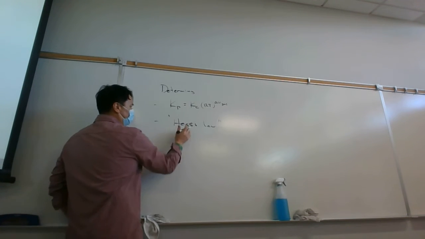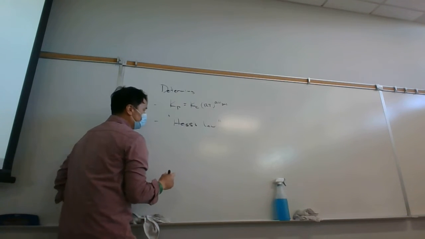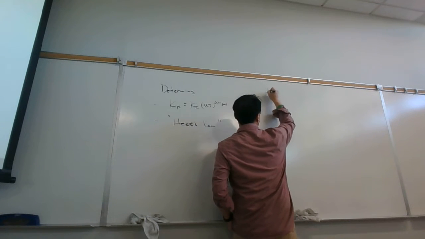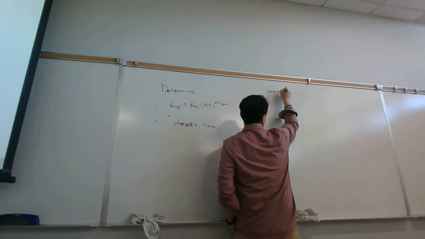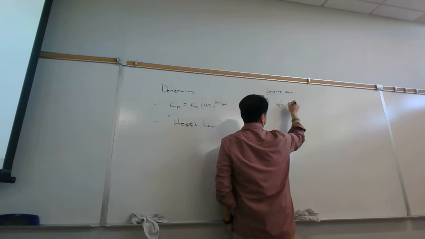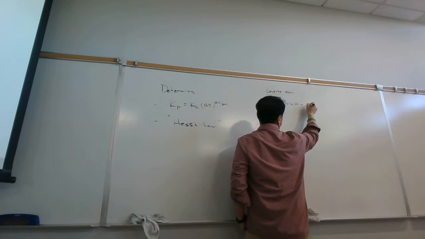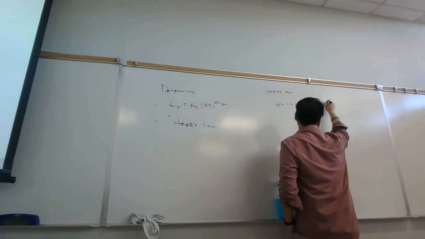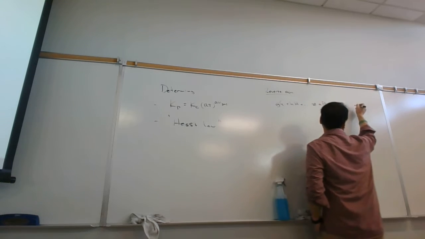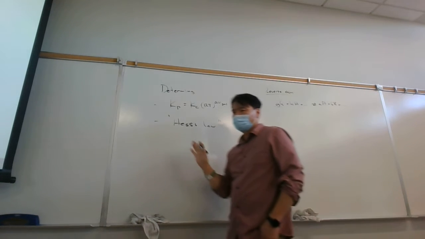Looking at Hess's law type applications, one is to reverse the equation. If we go gG plus hH plus dot dot dot goes to aA plus bB plus dot dot dot, what we did is we flipped it.